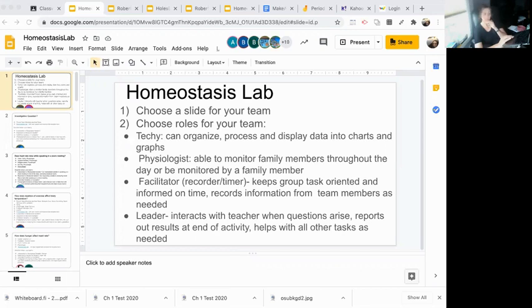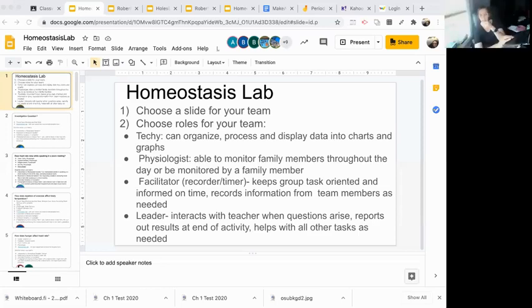Emily. Temperature. Okay. Elsie. I'll do temperature as well. Okay, Philip. I kind of wanted to do the acidity of urine depending on hydration. Okay.